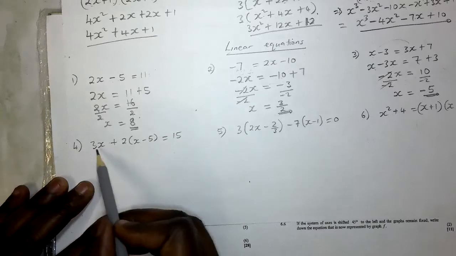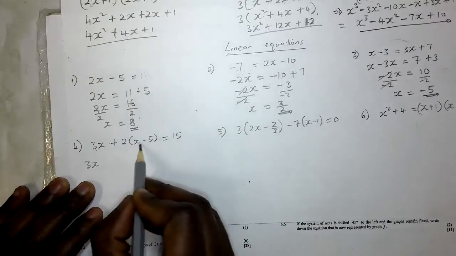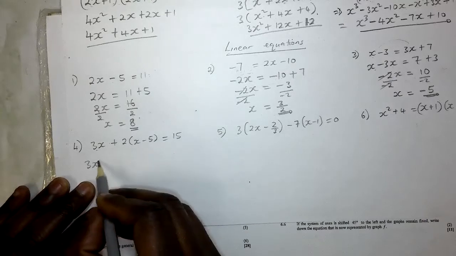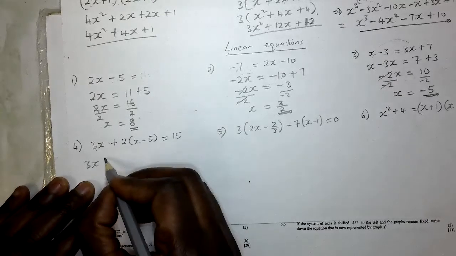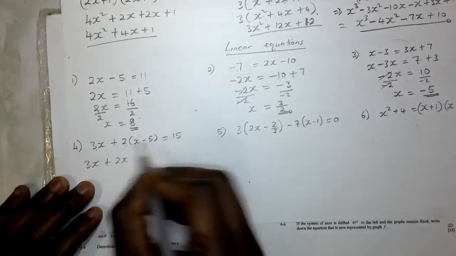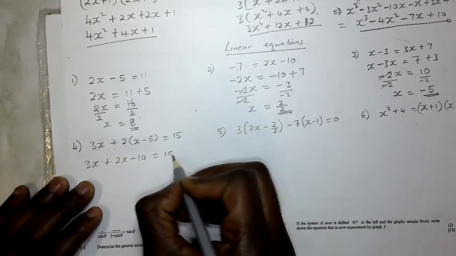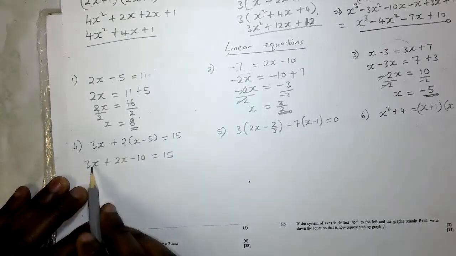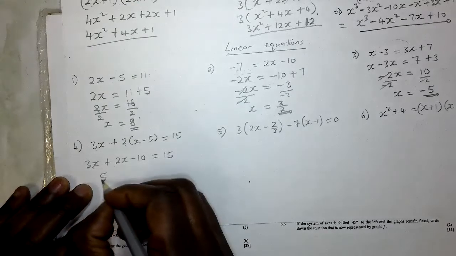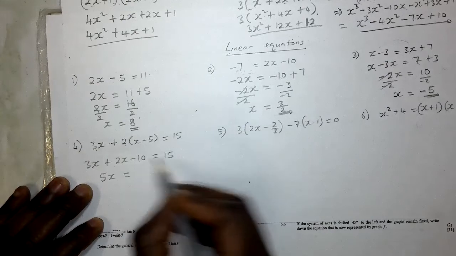Now let's see the other scenario. We have 3x, our 3x, plus 2, and we need to deal with the bracket first. Remember, bracket first, it's all BODMAS. Plus 2x minus 10 is equal to 15. Now, what do we have here? We add to get 5x is equal to 15, it remains there.